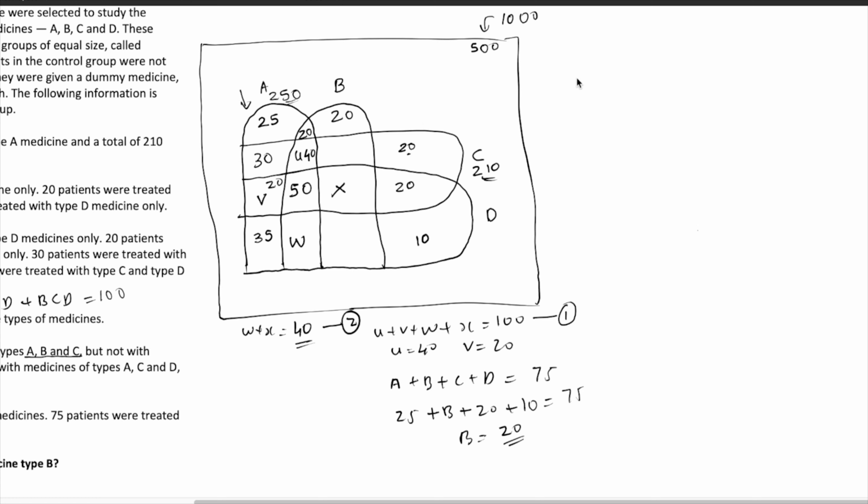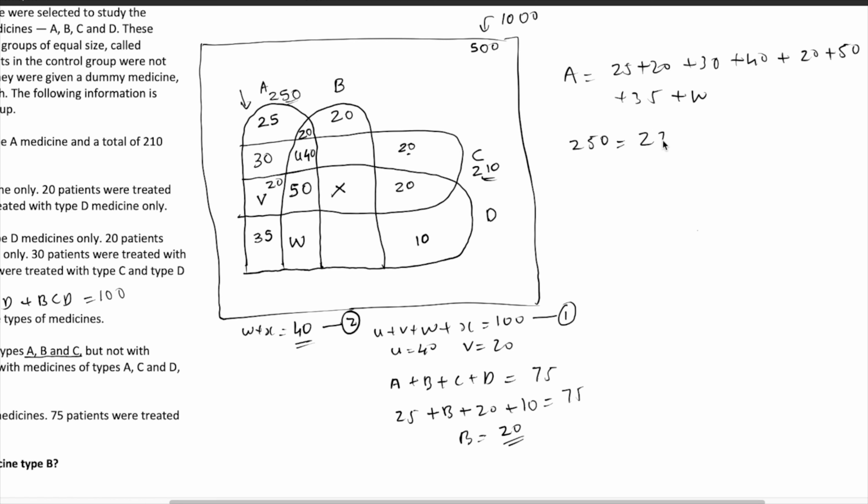Okay, so we are taking all the values of A. A will be equal to 25 plus 20 plus 30 plus 40 plus V, that is 20, plus 50 plus 35 plus W. And the value of A we know as 250. So 250 is equal to, let's add all these numbers, 25 plus 20, 45, 75, 115, 135, 185, 190, 220.